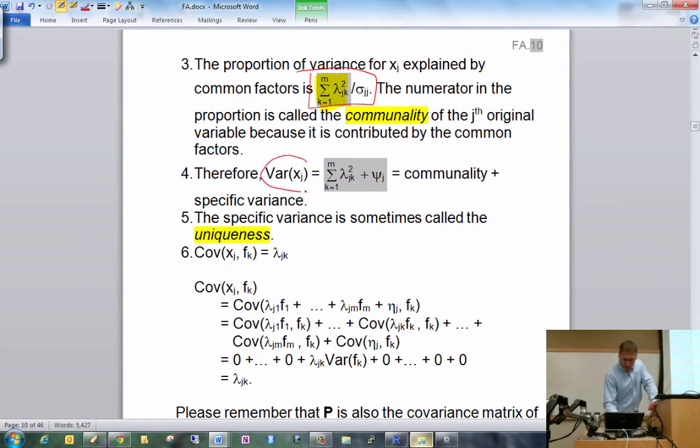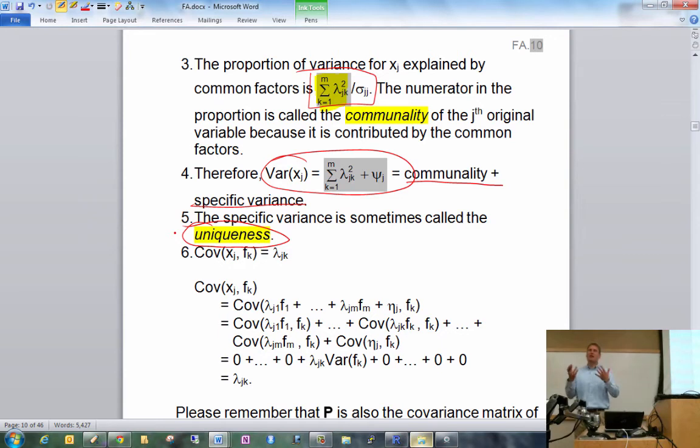So again, as I had written before, this is what our variance looks like in terms of our model. It's a communality plus a specific variance. Now here's another term that people often use. These specific variances are often referred to as the uniqueness. Why? Because we have these specific factors that are specific to each of the x's, and they have a specific variance associated with them, so they are unique in some way.